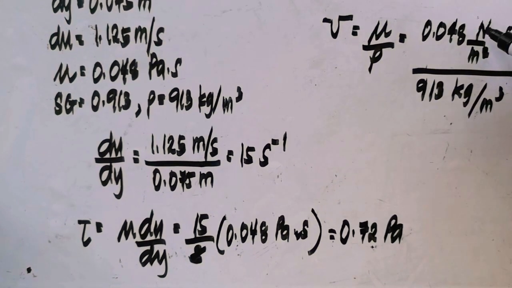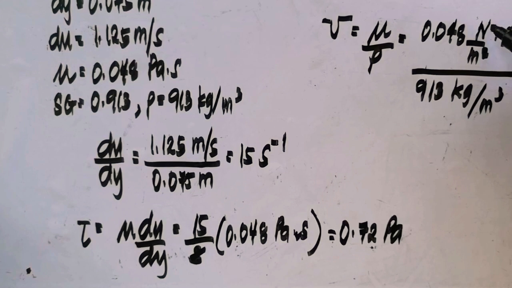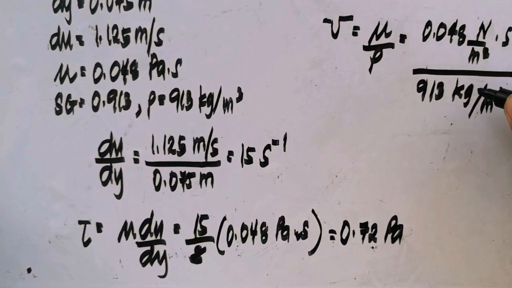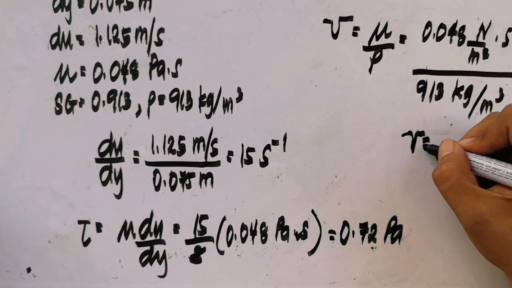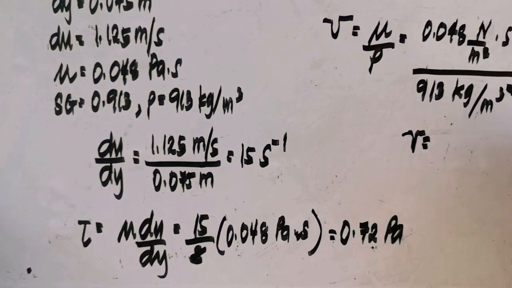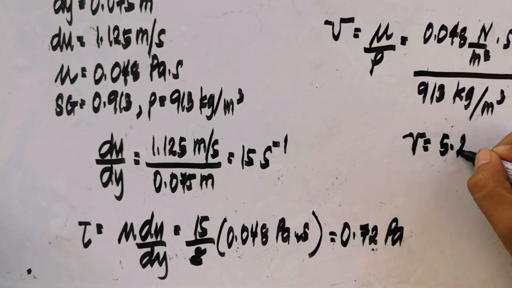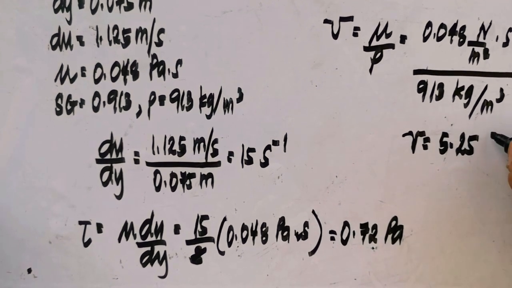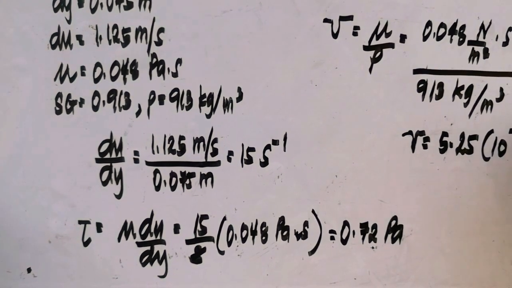So, the Newton is kilogram meter per second squared. And our kinematic viscosity, V, if we cancel out the units, we will end up with an answer of 5.25 times 10 to the negative 5 meter squared per second.